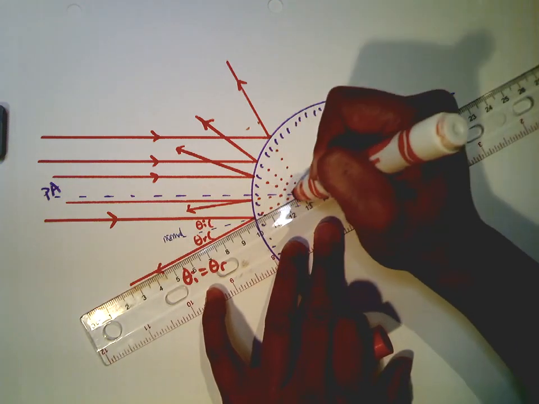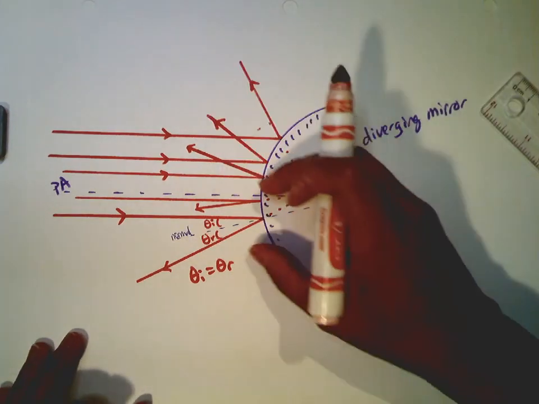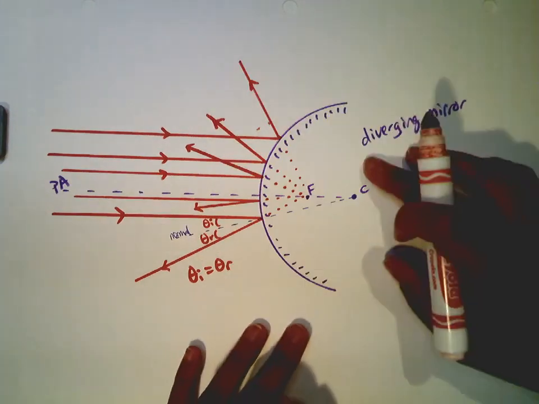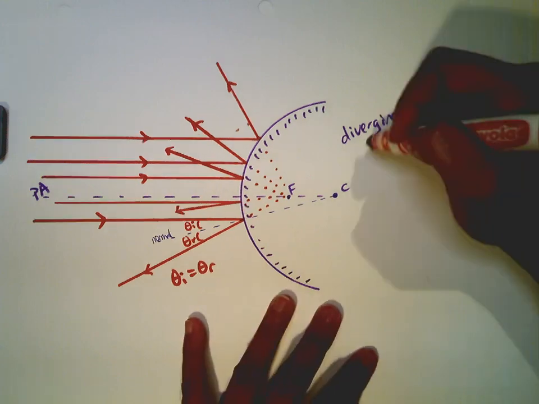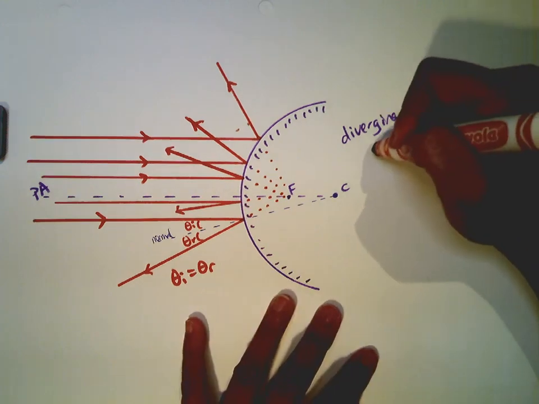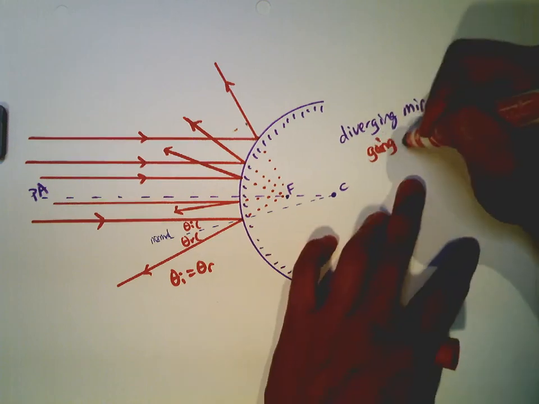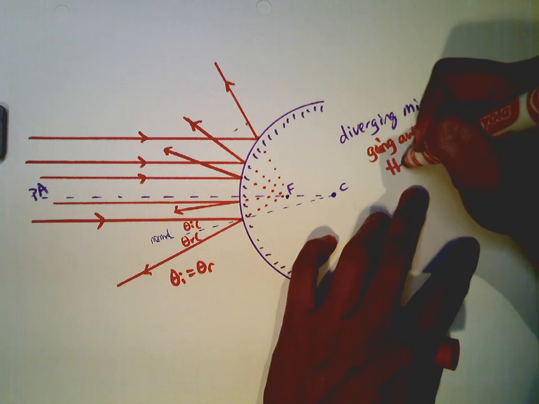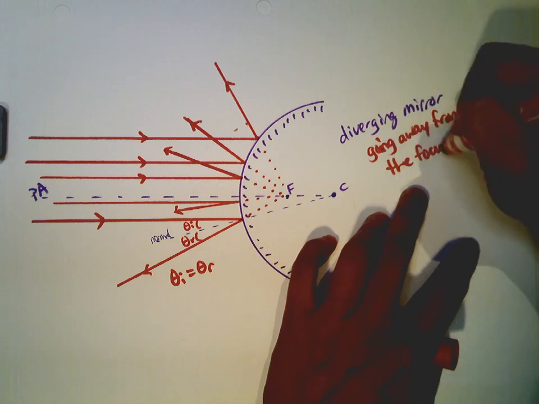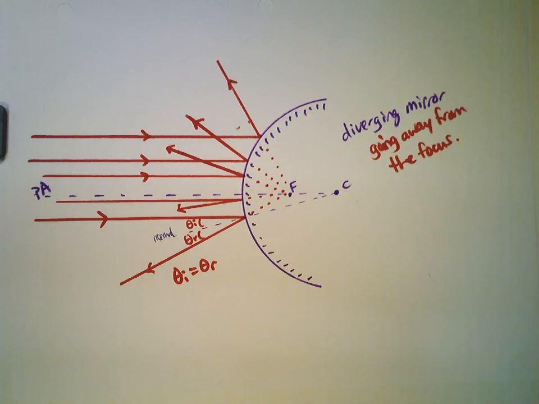Here we go. Perfect. All right, so it looks like it's coming away, and that's why it's called a diverging mirror. It's going away from the focus. So there you have it.